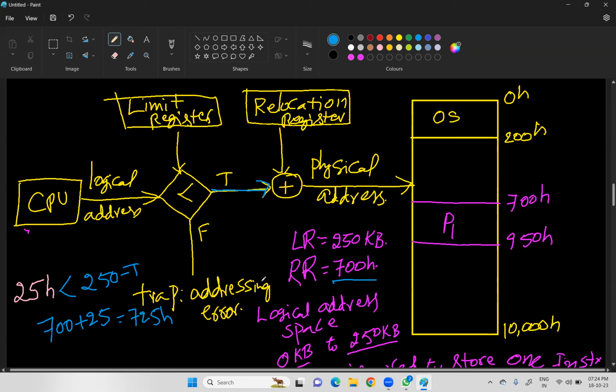This is 725H. The instruction residing at this place will be loaded from physical memory to the CPU and executed. When it is completed, the CPU can generate one more address, and the same protection continuously operates.